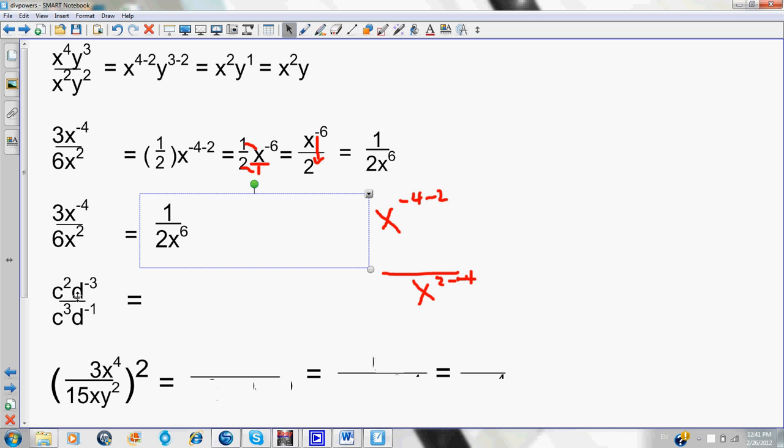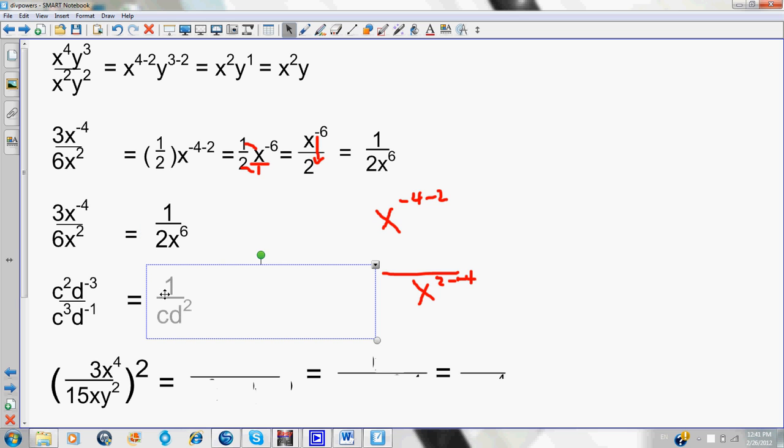So when we subtract, we're going to bring this one down and this one down and do our subtraction. So 3 minus 2 gives us 1, so we're going to have a c on the bottom, and negative 1 minus a minus 3 gives us a 2, so it's 1 over cd squared.